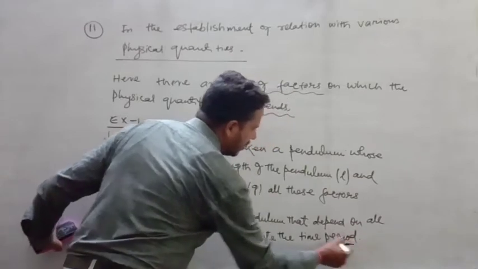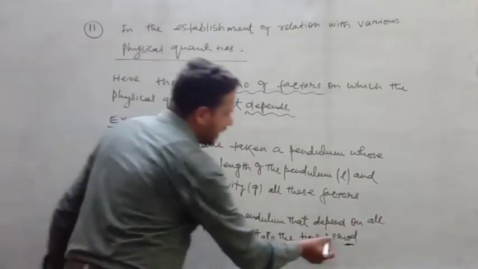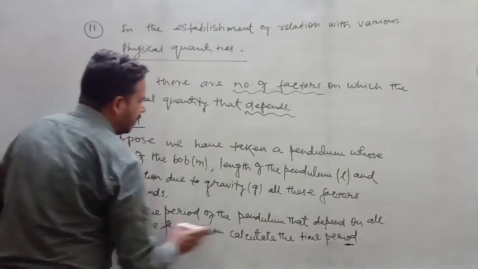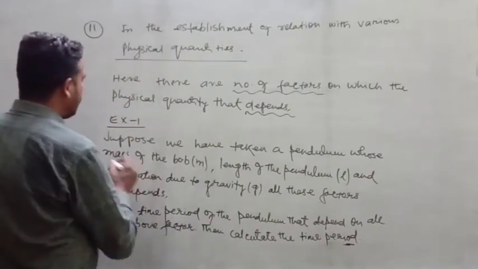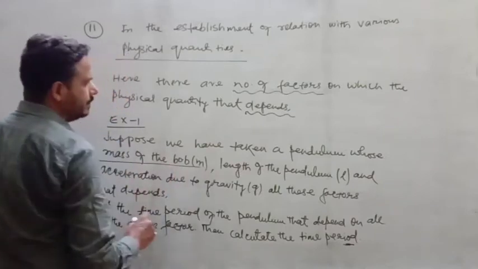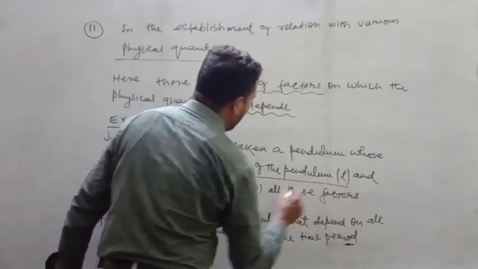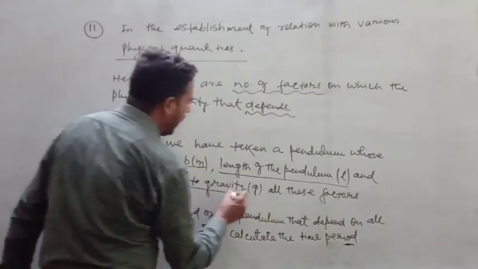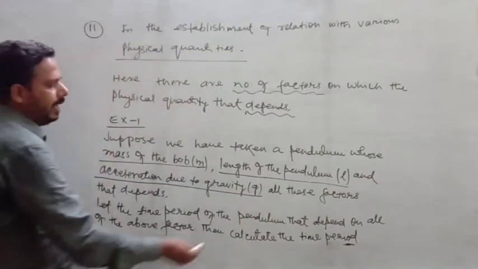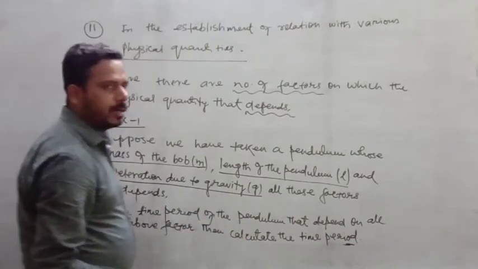Here we have to find the time period, because the time period of the pendulum depends on the mass of the ball m, the length of the pendulum L, and the acceleration due to gravity g. So we have to calculate the time period of the pendulum.